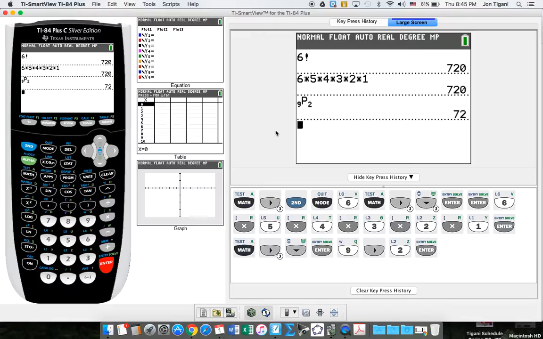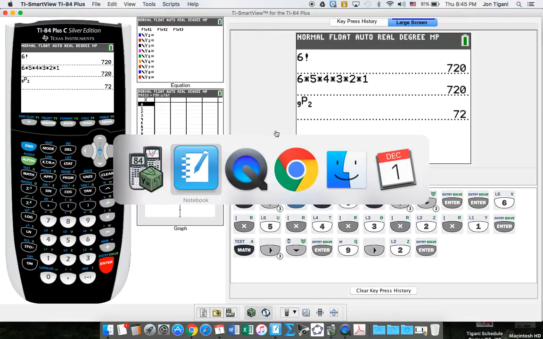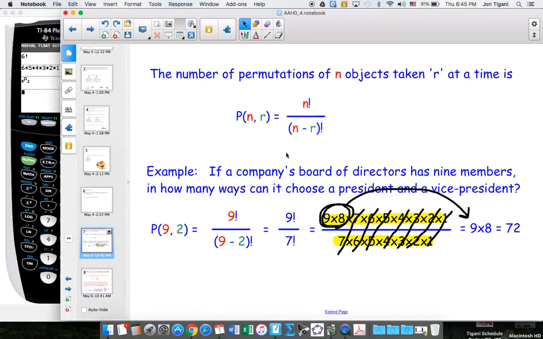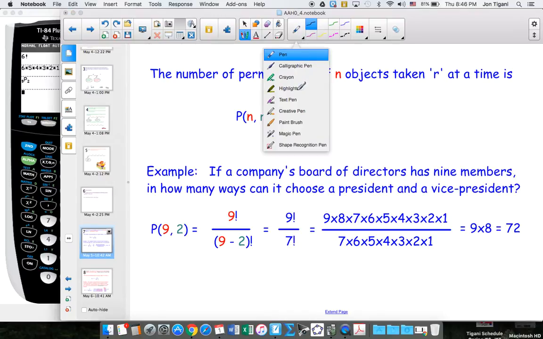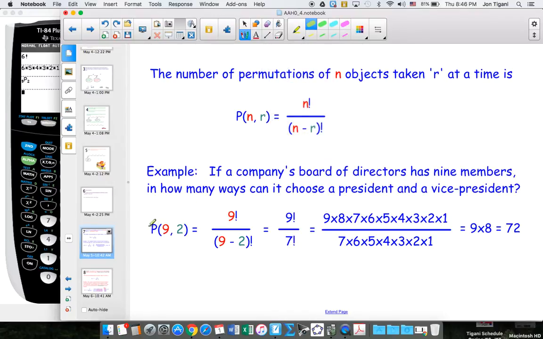Now, on your quiz and your test, if you decide to use your graphing calculator, which is totally fine, what we would like for you to do, just so we understand that you understand what you're doing in terms of using the formula, is what I highlight here.